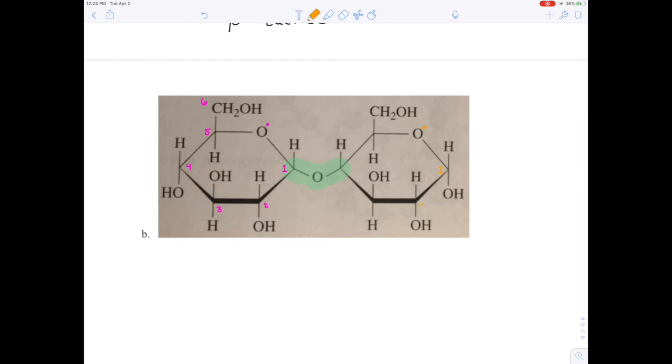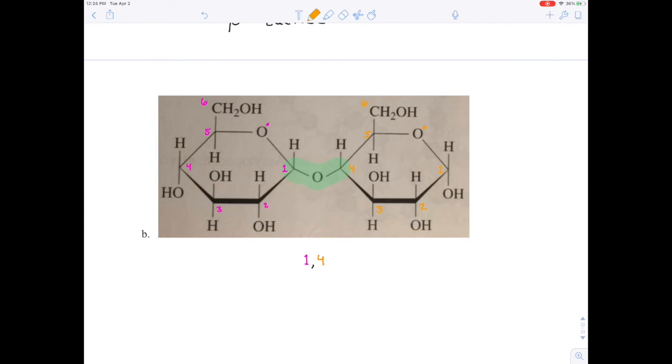Then go clockwise around the ring: 2, 3, 4, 5, 6. So already we can see that whatever this is, this glycosidic bond is connected by a 1,4 glycosidic bond. That's what the oxygen here in this glycosidic bond is connected to, the carbons on those two rings.